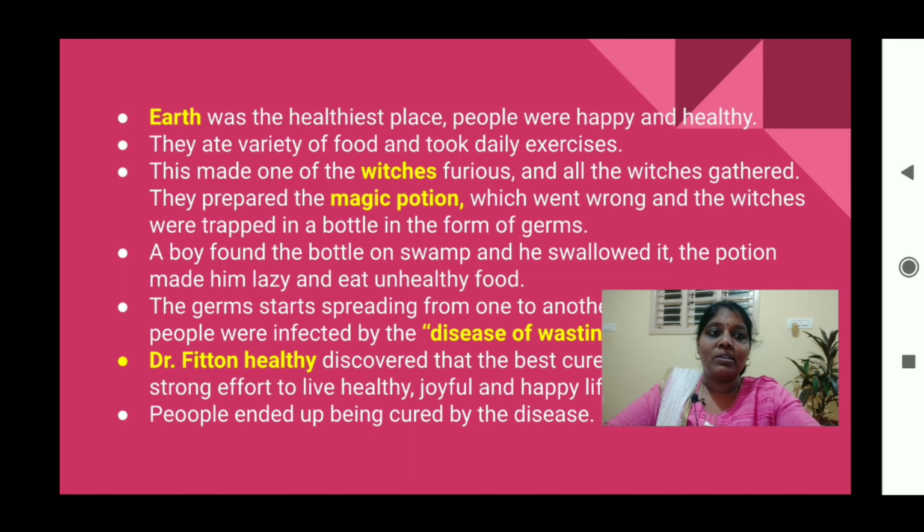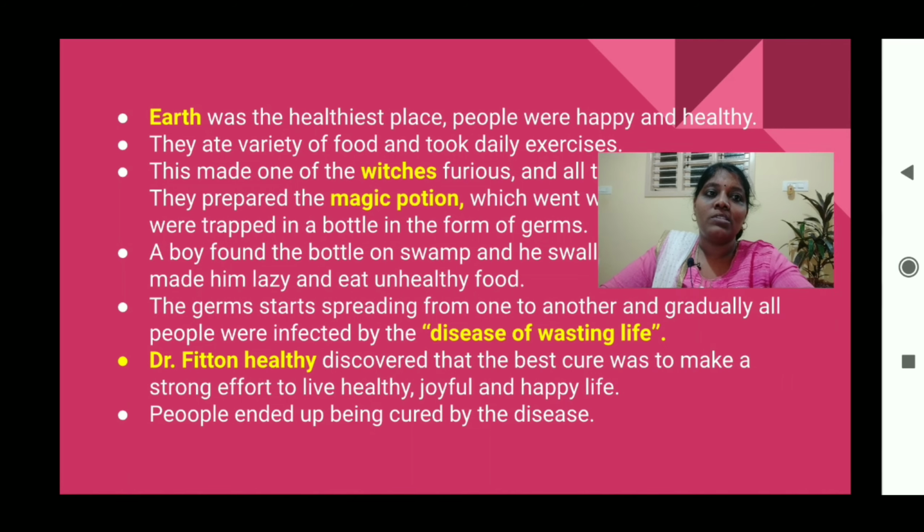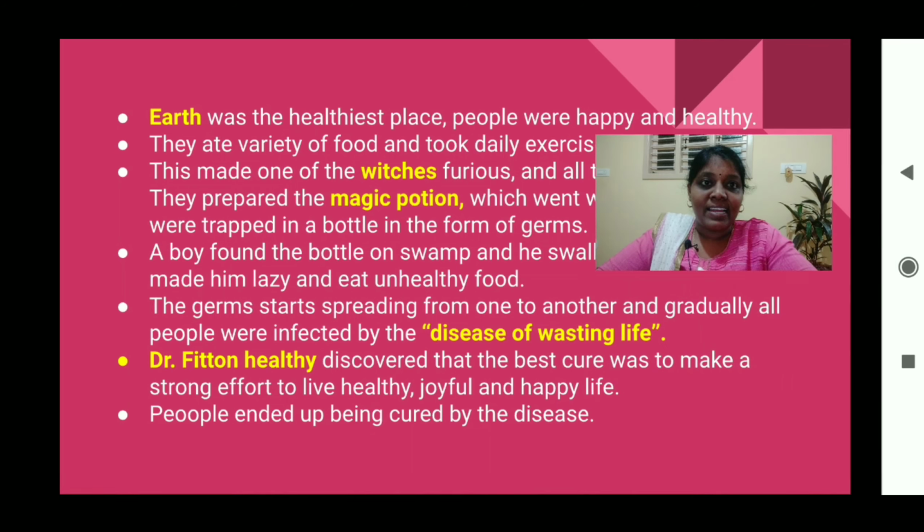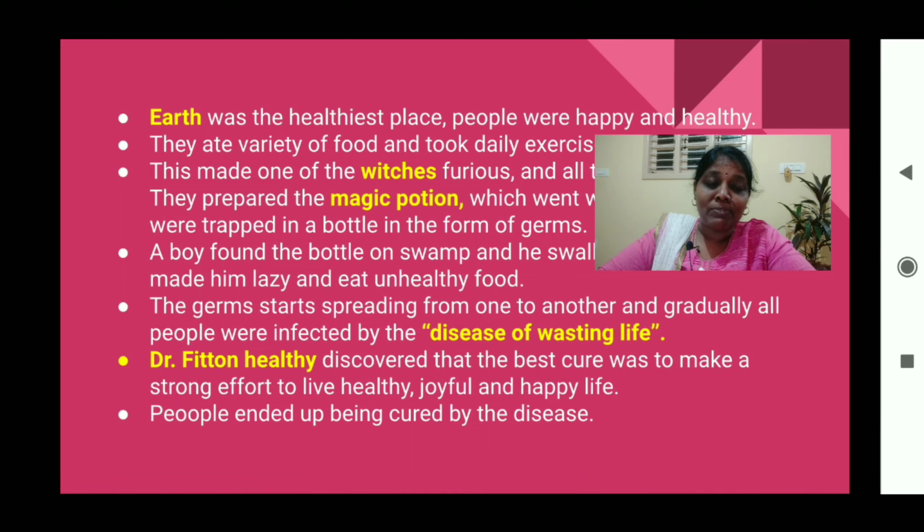And one of the worst things that happened was that the witches started spreading from one person to another, and gradually all the people were infected by the disease of wasting life. What is the name of the disease? The disease of wasting life.